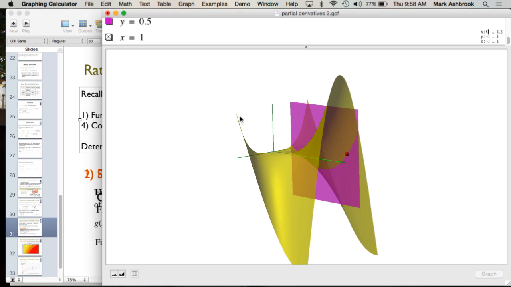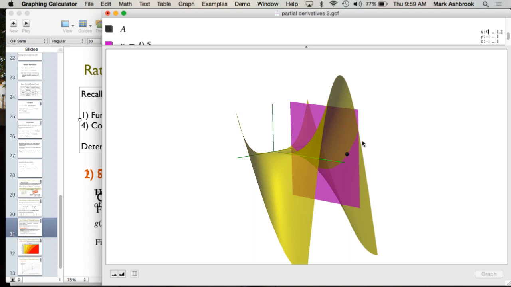Let's make that black. Show up a little bit better. It's so much better on my screen. But anyway, what I really wanted you to see was for a small change in x on this surface, z goes up. That means your partial with respect to x is positive.